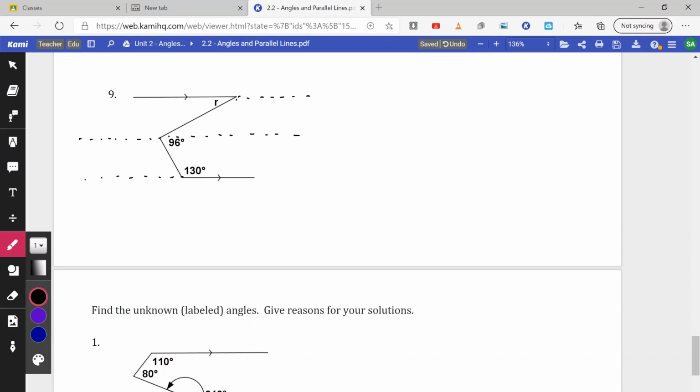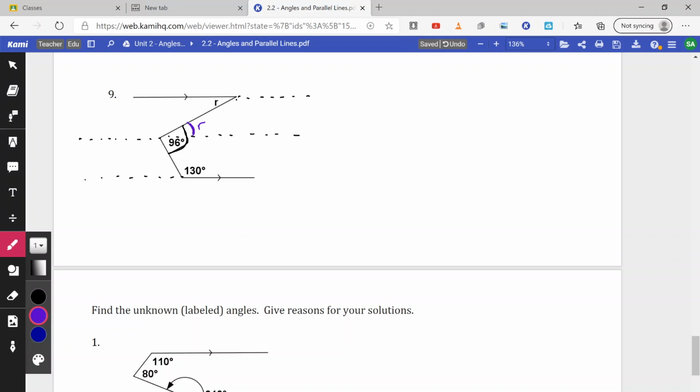So we are told the whole way here is 96. And we need to somehow figure out what R is equal to. So parallel line cut by transversal, we know that this little section here is going to be R because they are alternate interior angles. So the question becomes, how am I supposed to figure out what this bottom part is?